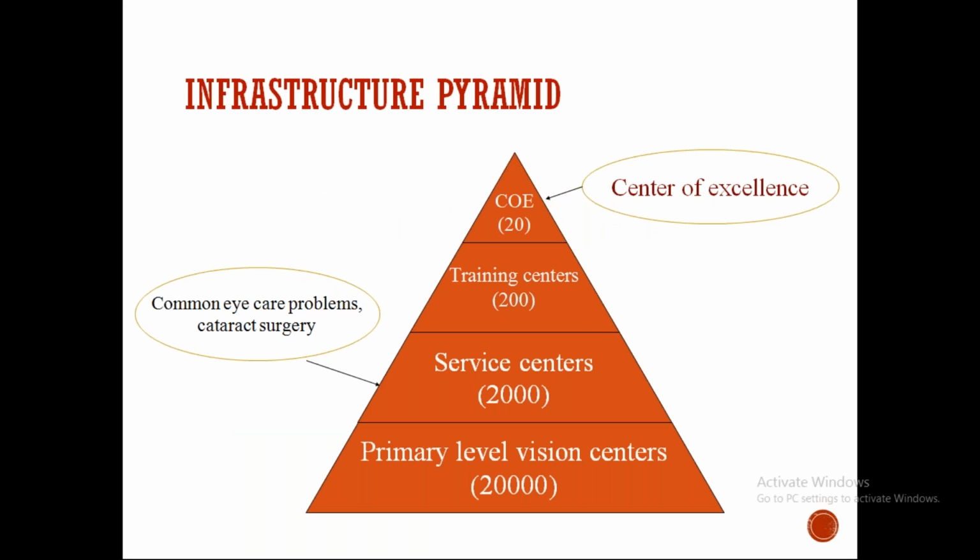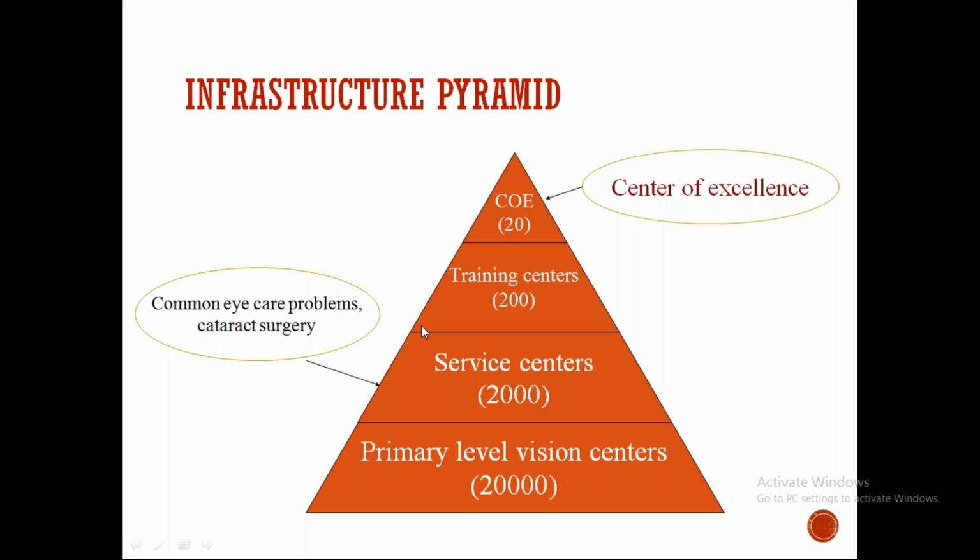So what is the infrastructure pyramid under which Vision 2020 has been planned? It includes all these multiples of 2 and 0. Let's take for example India. Each country should have primary level vision centers, around 20,000 vision centers, and for these there should be 2,000 service centers which will tackle common eye care problems and handle cataract surgeries.